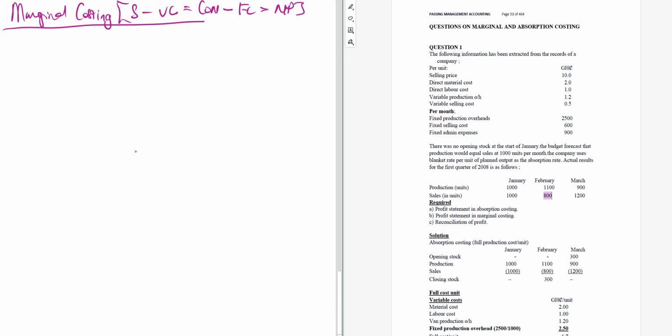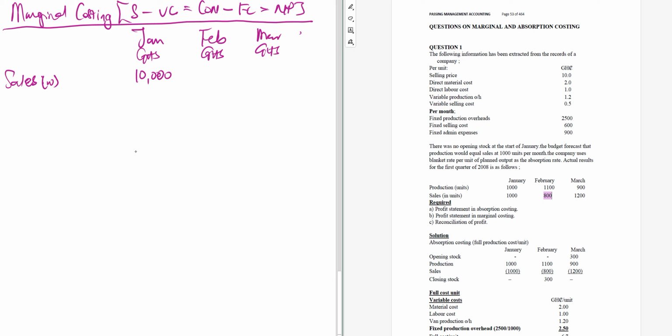Now let's do January, February, and then March. You could have done it monthly, but I feel this is straightforward. We get our sales, which we've already done. Sales wouldn't change; it will still be the 10,000 that we had before.